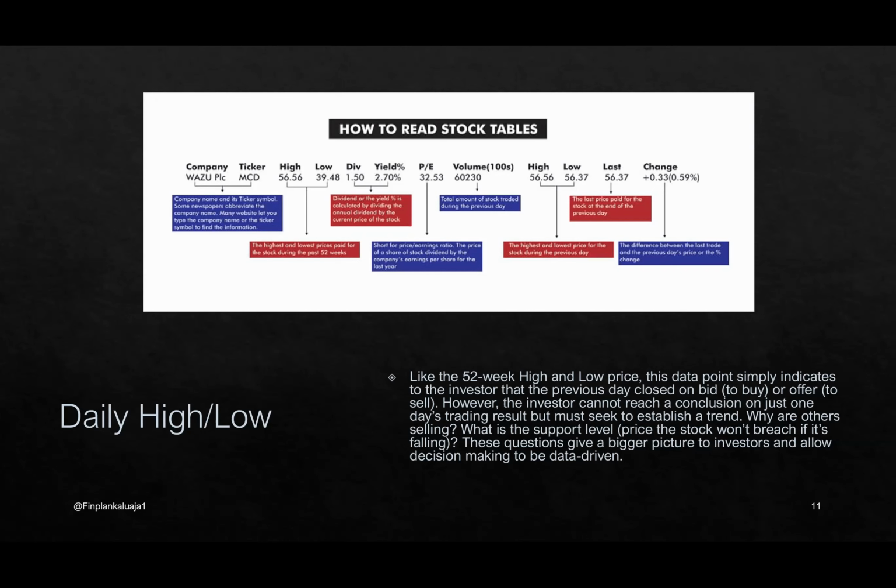I could say, okay, I'm going to buy at 56.90 just to make someone sell to me. But in this market, what we're seeing is that once I put in my bid of 56.37, I get someone to sell to me. So the spread between what I want to buy and what people want to offer is very narrow. That tells us there's a lot of volume in the market that's able to meet my demand, which means the price is not able to go up significantly.